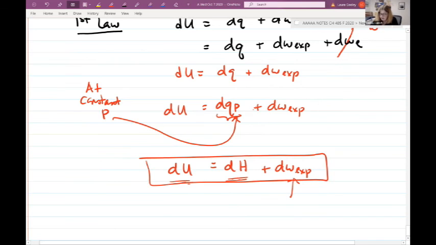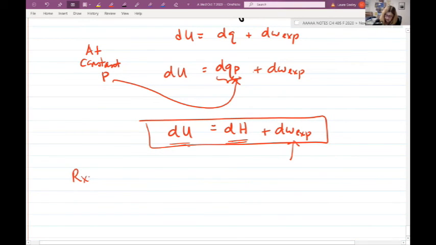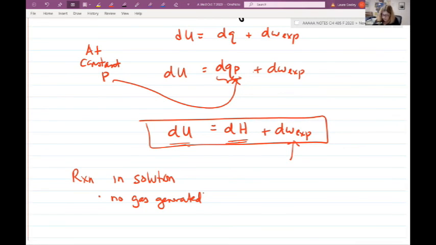All right, so let's suppose you have a reaction in solution. It doesn't generate any gas. It doesn't use any gas at all. No gas is generated, so there's no expansion work being done on the atmosphere. It doesn't get compressed. It's just these chemicals in solution. No expansion work.